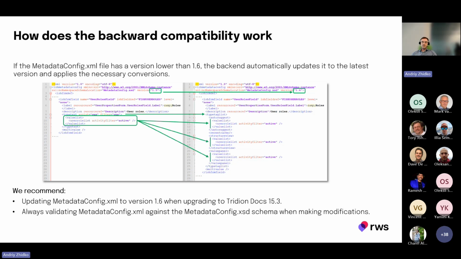Although the backward compatibility is in place, we anyway recommend updating your metadata config XML to the latest version as part of the upgrade process to Tridion Docs 15.3. And please validate your metadata config XML after updates against the metadata config XSD schema.